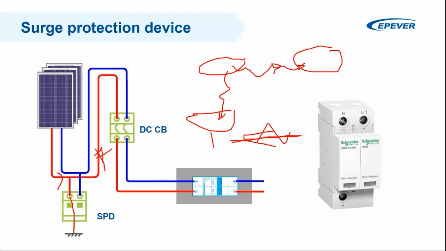This is the application of surge protection device in your system, and there are lots of it in the market, and here you can see, let's say, a sort of surge protection device.